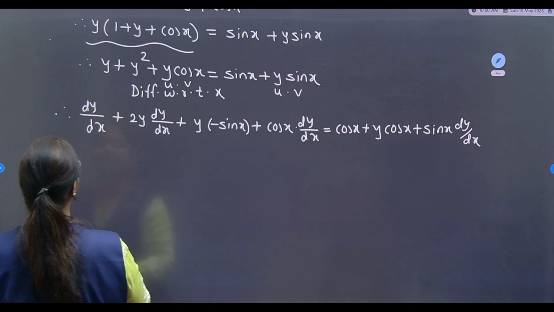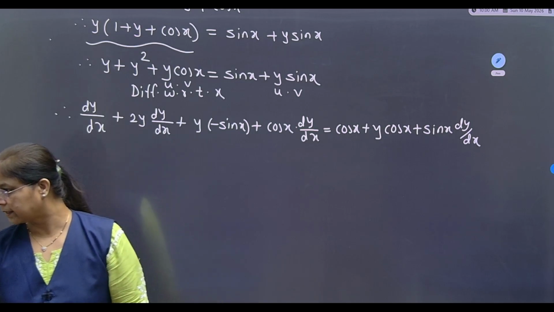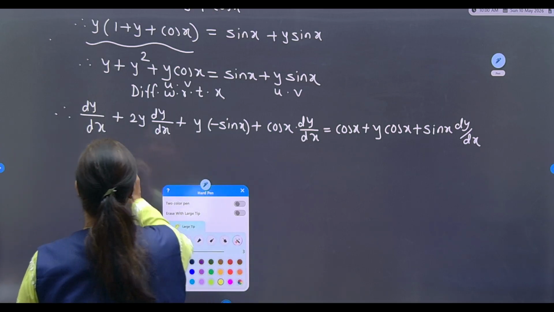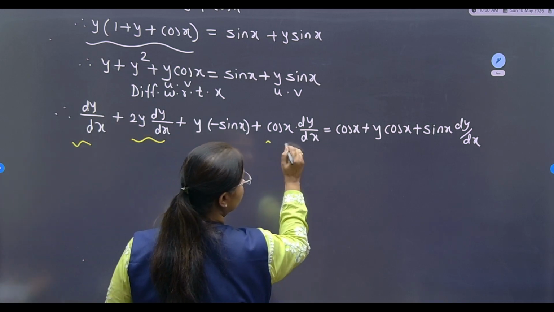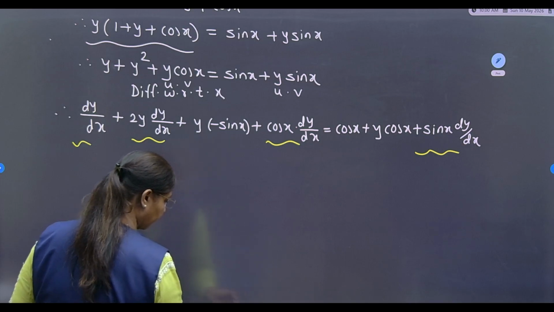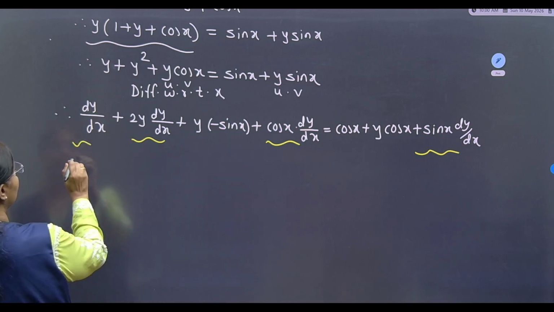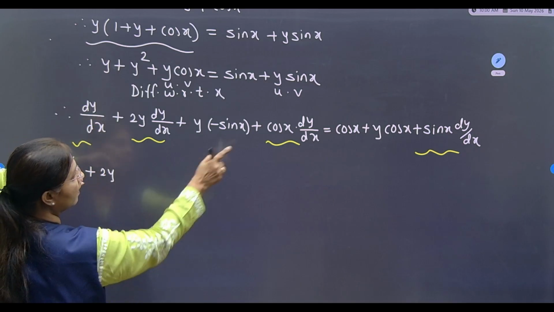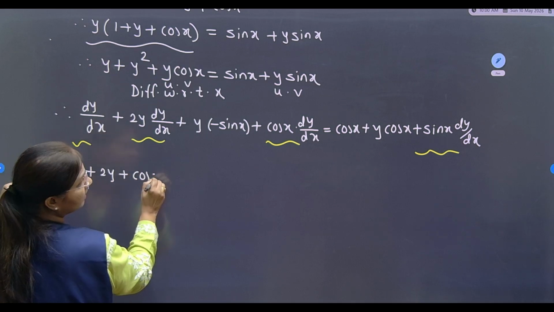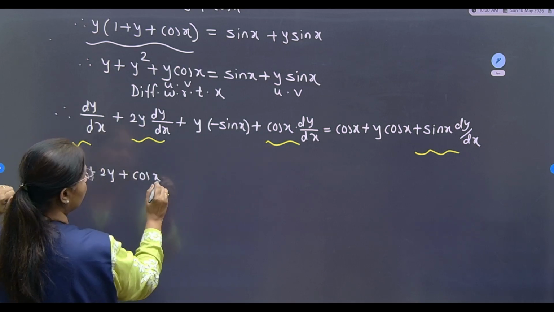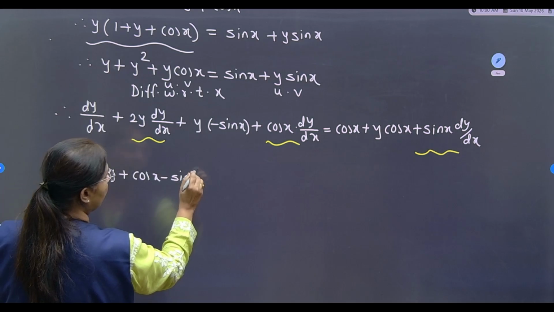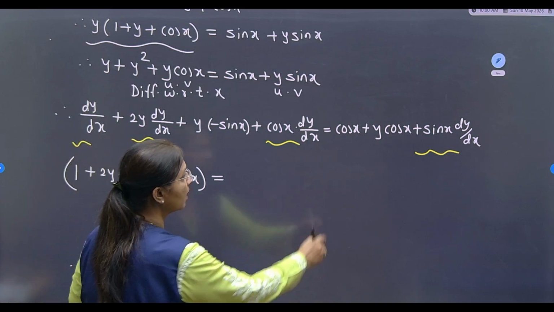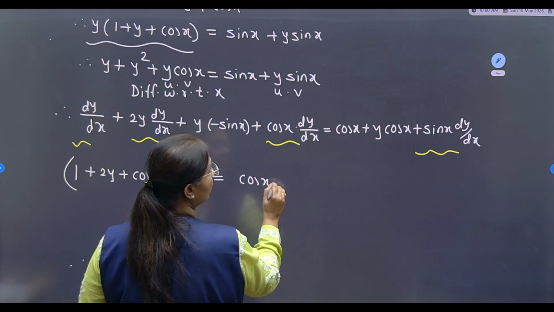Then the next step, combining dy by dx terms in the LHS. Combining dy by dx terms in the LHS, 1, 2, 3 and 4, and taking dy by dx common. Coefficient of dy by dx is 1 plus 2y plus cos x, and plus sin x in the left side becomes minus sin x. And the non-dy by dx terms in the RHS, let them come on the right.